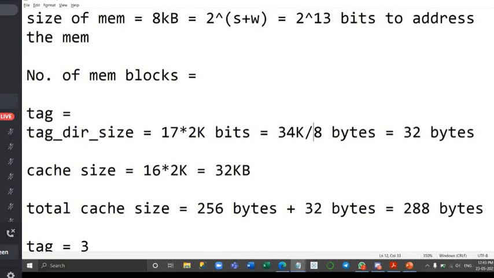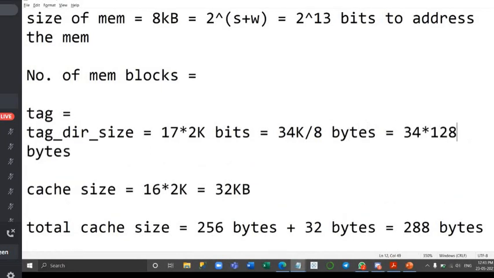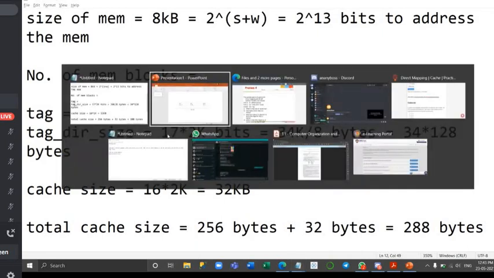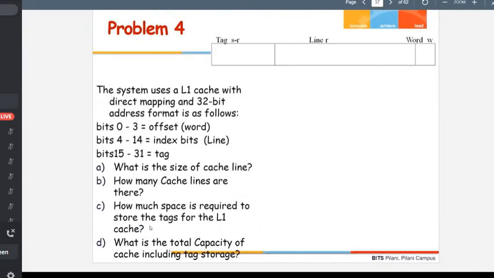If you convert that to bytes, it will be divided by 8. 1024 divided by 8 would give you 128, and 128 into 34 is around 4,352 bytes, something around that. So this is for my tags.